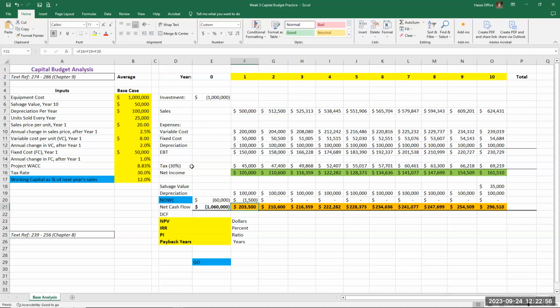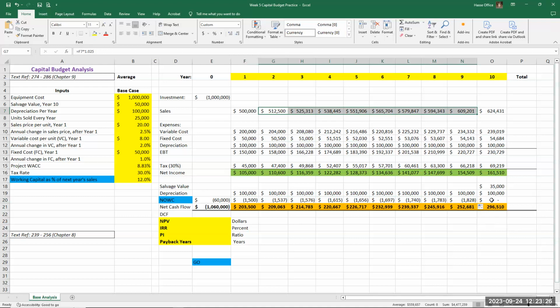In other words, now at the end of year 1, we have $61,500 allocated in cash going out to maintain 12% of 512,500. And now we'll just do that expression all the way to year 9. In other words, we're expending additional cash because our revenue is increasing, thus the need for additional working capital.